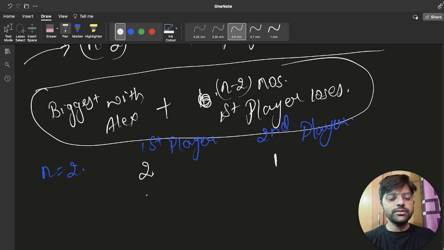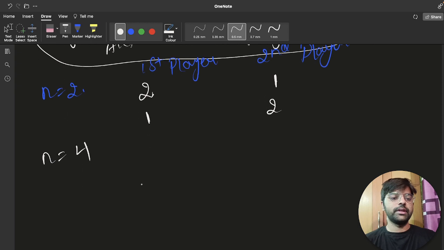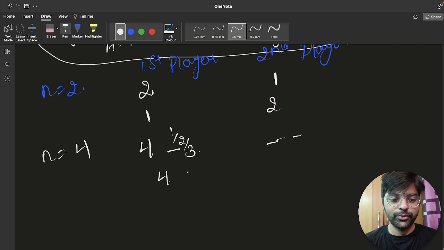And when will he lose? Will the first player lose? No, because he will overcompensate, right? Let's say n equal to 4. Then when the first player wins, let's say he has 4 and any number, let's say 1 2 3, any of these 1 2 3. So there are 3 possible cases.